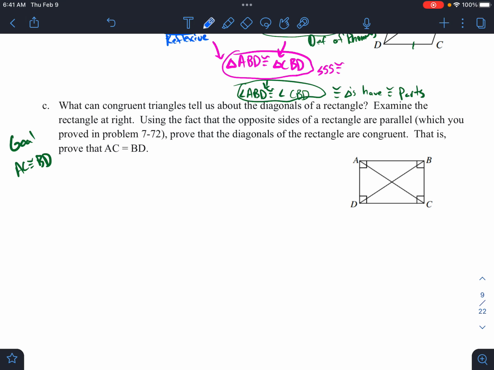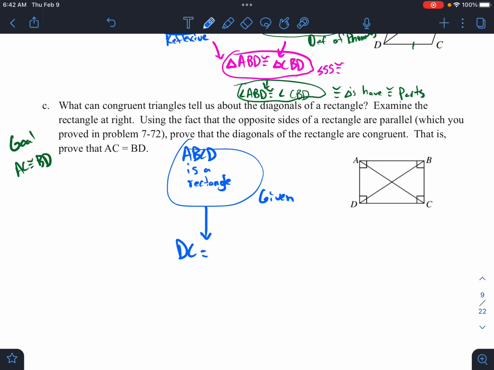So this one here, again, we're starting with ABCD is a rectangle. That is given. Okay? So off of that, we know that DC is congruent to CD, or DC. Which maybe seems weird to write, but this is still the reflexive property. So we said this is equal to itself.